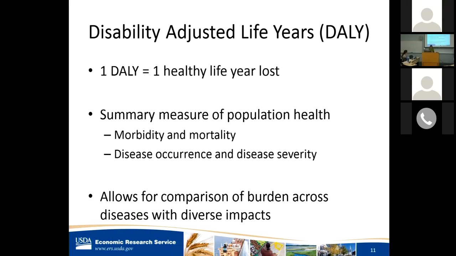So the disability adjusted life year metric was developed for global burden of disease estimation work. A DALY is the loss of one healthy life year. It allows us to integrate both morbidity and mortality impacts into a single metric, and it takes into account both the occurrence and severity of disease.